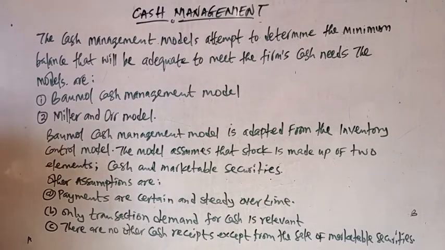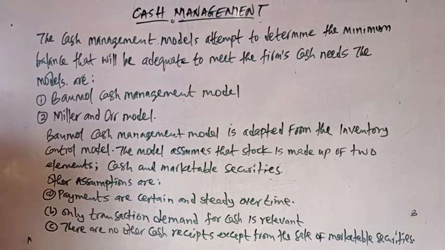In my last video, I treated an element of current asset, which is stock, where I discussed stock management, where we have basically two models for stock management: the deterministic and the stochastic model.